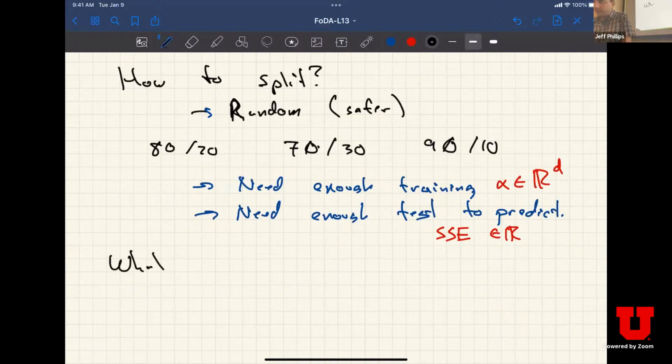Okay. The last question: what if your data is so small, and I don't really want to spare much for the training or testing? So this has mostly been in the context of very large data, but people want to do cross-validation when they don't have a good statistical model to otherwise try and evaluate this.